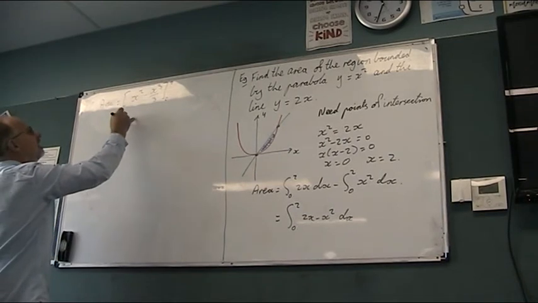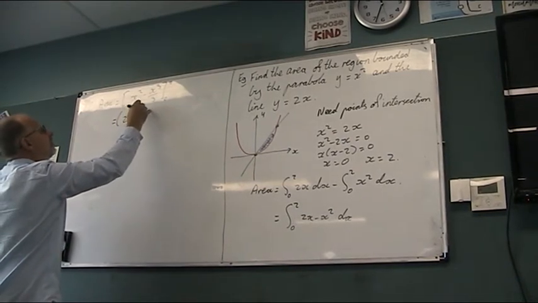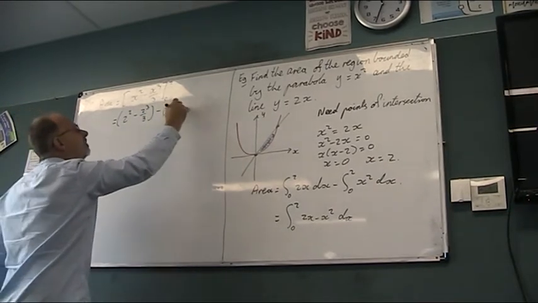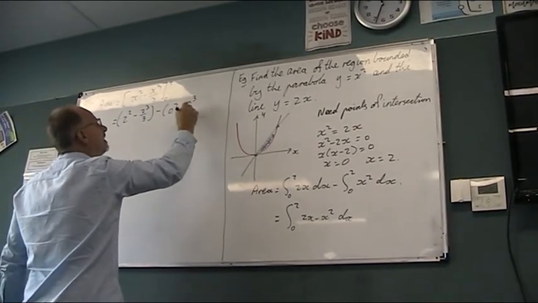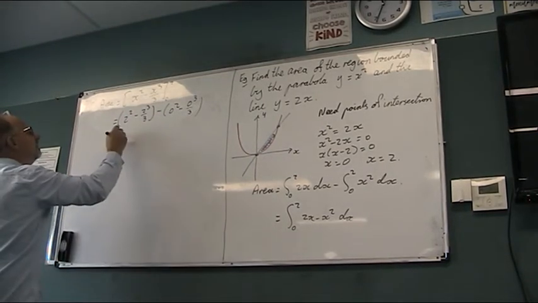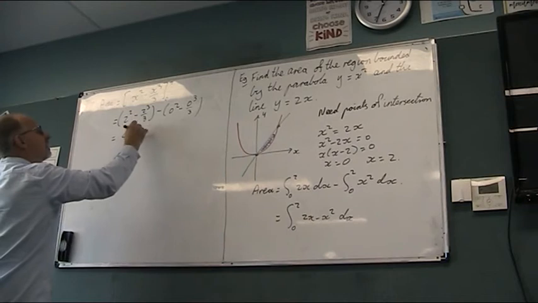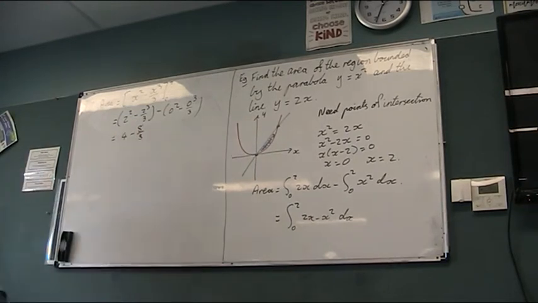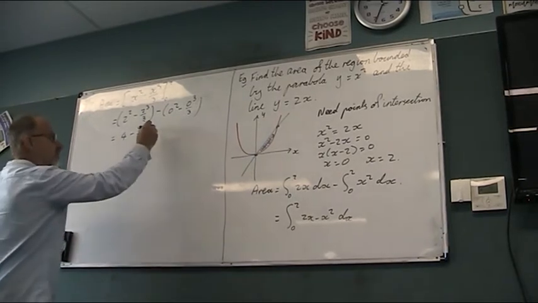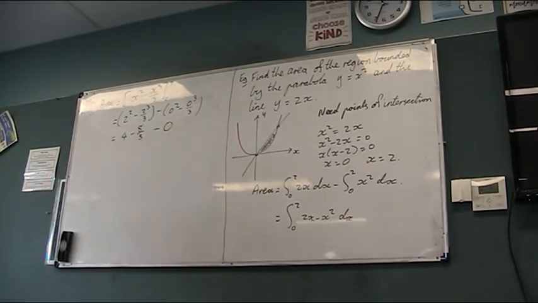Substitute in: 2 squared minus 2 cubed on 3, minus 0 squared minus 0 cubed on 3. So that's just 4 minus 8 thirds, minus 0, of course, if you want to be putting that in.